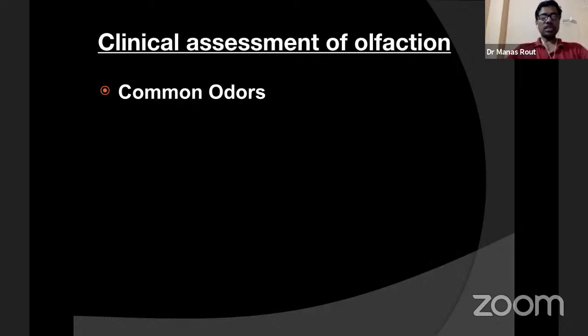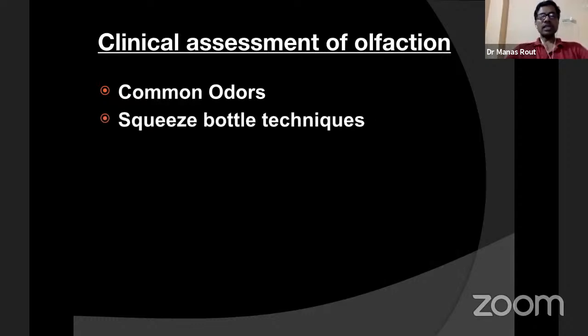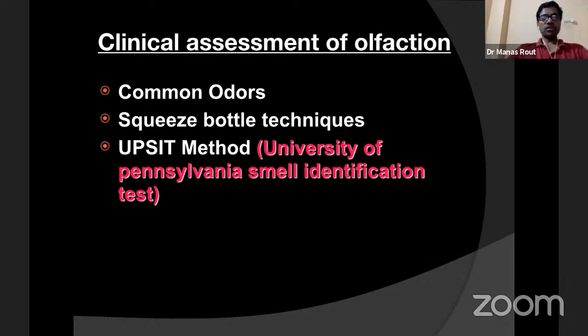These are just irritations. Now the squeeze bottle technique: there are small bottles with different smells. You can squeeze a small bottle inside the nose, and ask the patient whether he is able to smell or not. By that also, you can know the sense of smell. Now the UPSIT method, which was developed by the University of Pennsylvania.